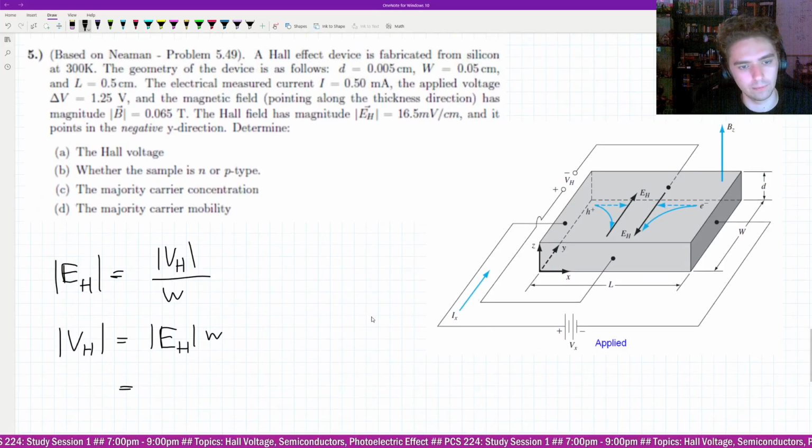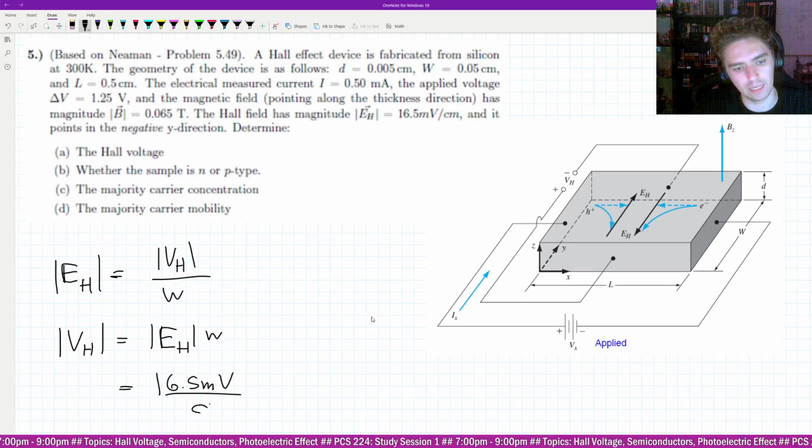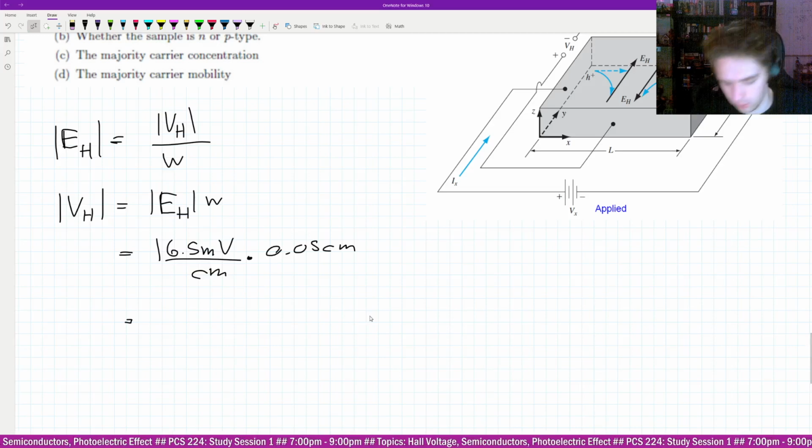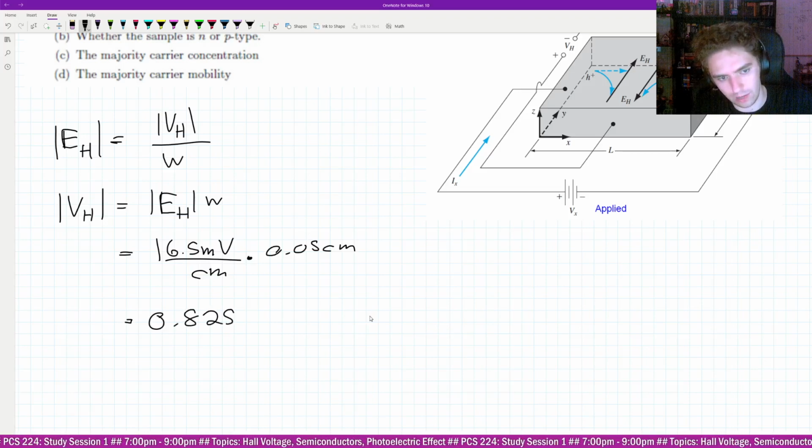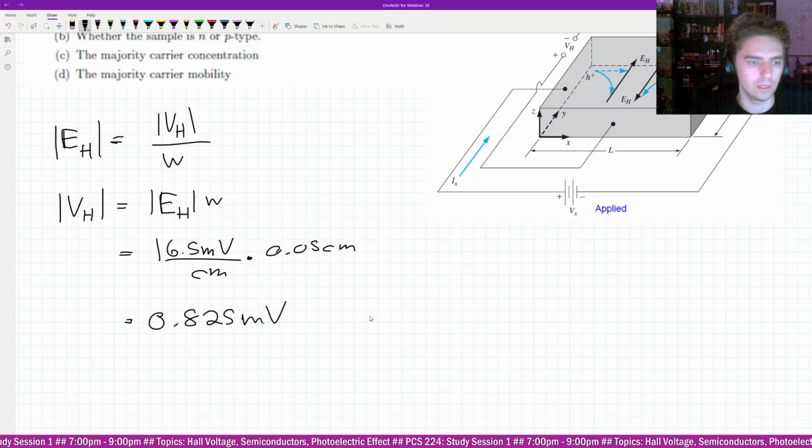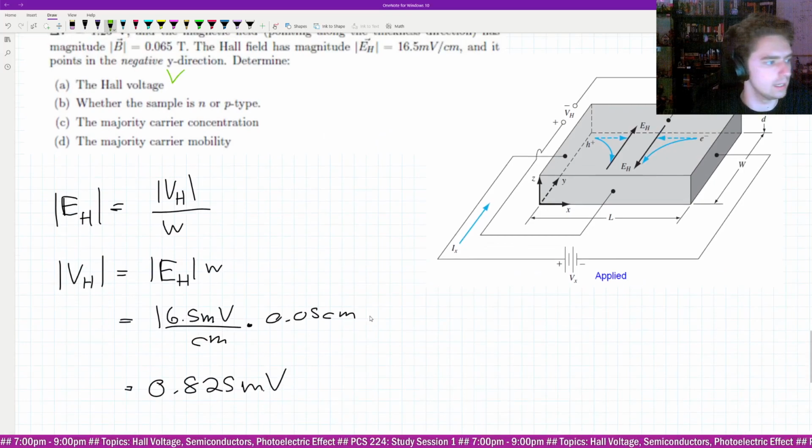So that's going to be, I don't even have to convert, 16.5 millivolts per centimeter times W is 0.05 centimeters. So 16.5 times 0.05, and I get 0.825 millivolts. So that's part A done.